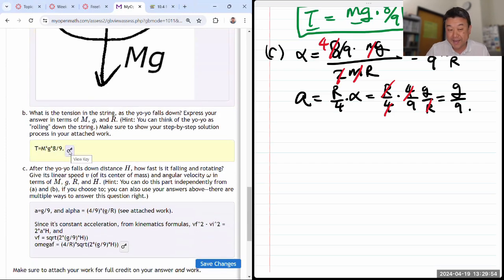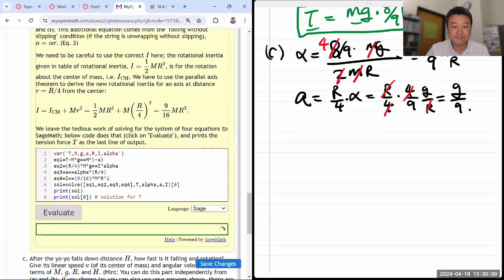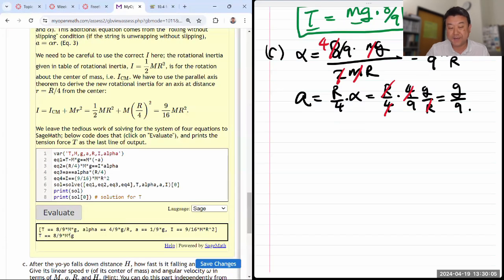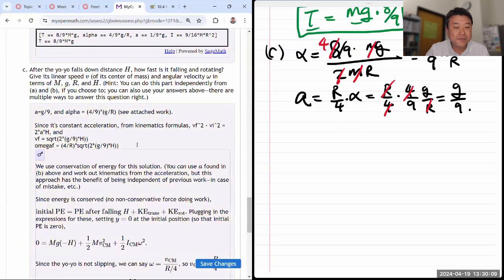Let's hope it's 8/9 mg, because if that's wrong, oh, I need to click evaluate. Okay, 8/9 mg, good. And then how fast is it falling?